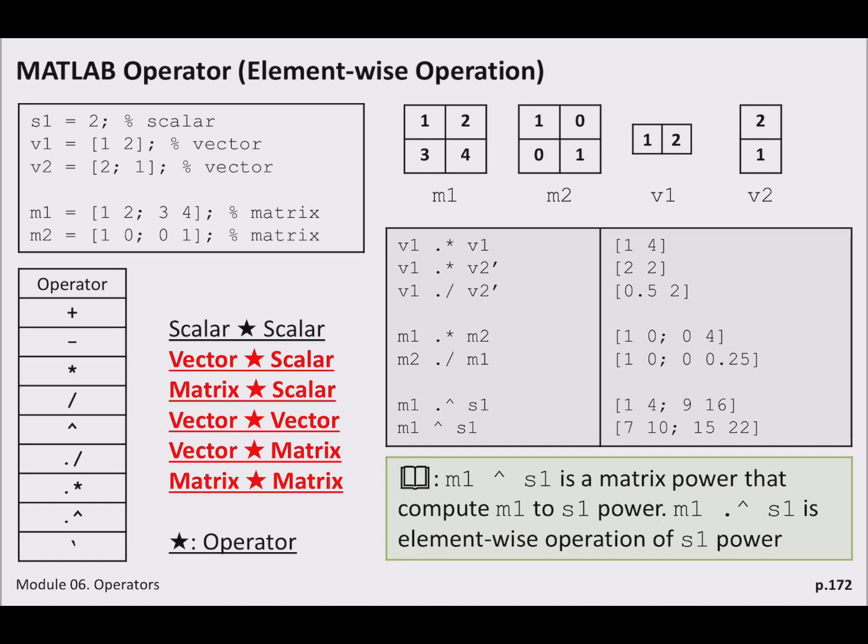What about the dot operation? As we already learned, this one is element-wise operation. Okay, there are two vectors having the same dimension, like v1 and v2 transpose is the 2, 1, right? If they have the same dimension, we do this operation element-wise.